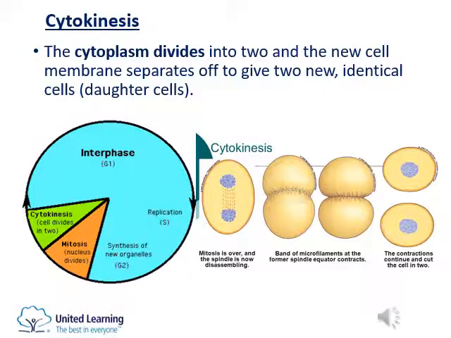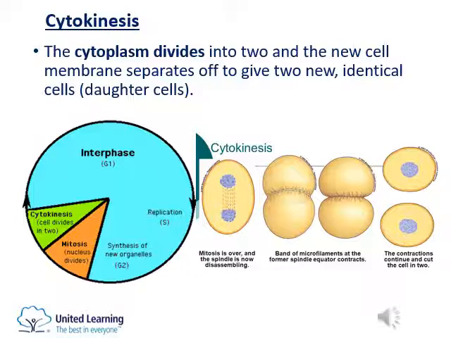The final stage, and notice from the pie chart we have interphase as the longest stage, and then mitosis and cytokinesis are more or less identical for time length. So in cytokinesis, this is when the cytoplasm divides.